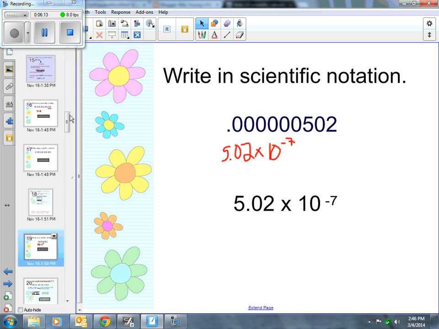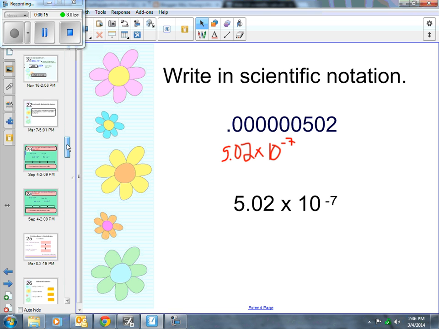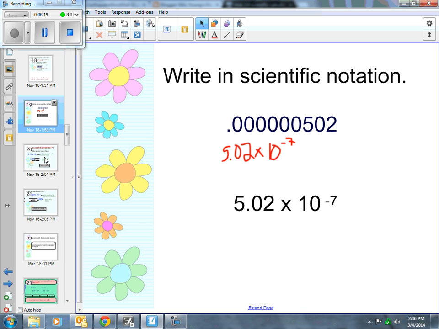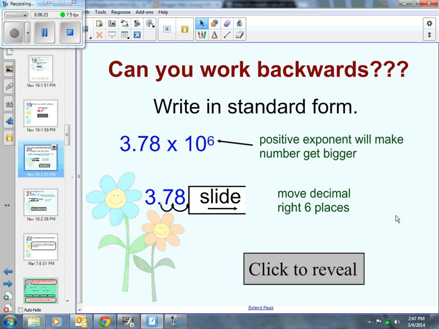Now, what if we want to go the other way? Oftentimes, we need to take this scientific notation and turn it into the really, really small or really, really big number. In this case, we're just working backwards. So write in standard form. The positive exponent will make the number get bigger.